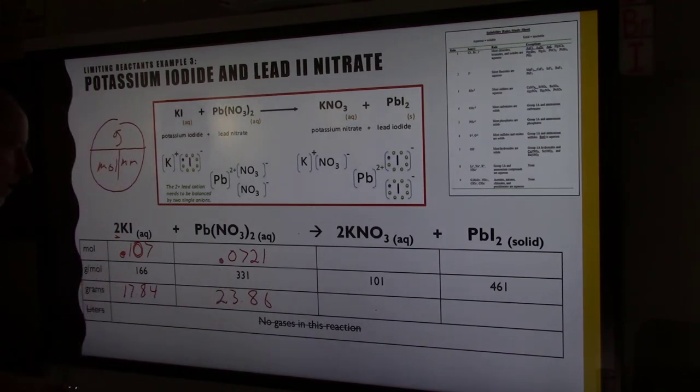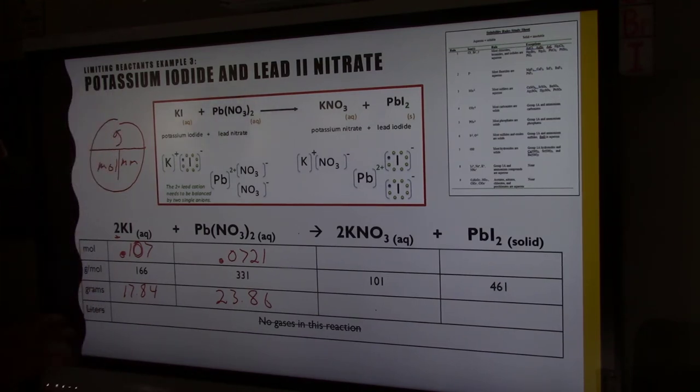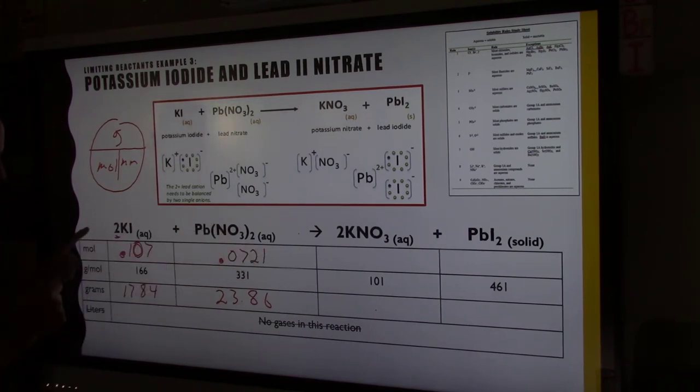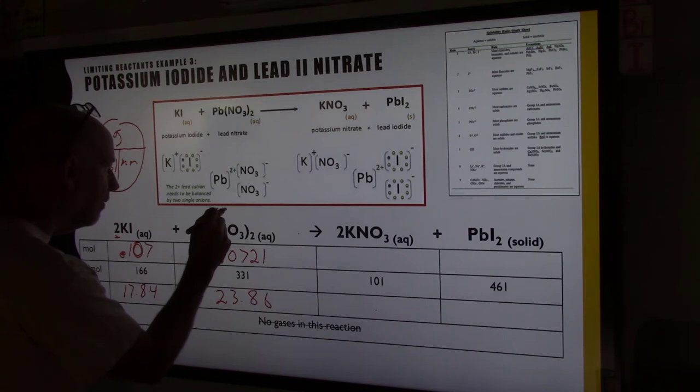All right, here's how you figure out sig figs. Remember, I said it sounds kind of silly if you do it right. You want to make it like a big competition. You say 2 is to 1 as 0.107 is to something, and you cover this up. So 2 is to 1, half as much as 0.107 is to 0.0535.